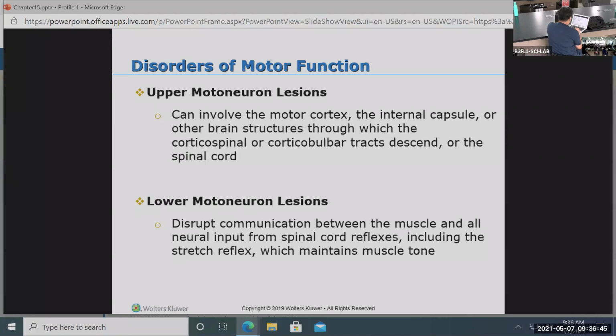This is a bundle of white matter, which we call the internal capsule, and other brain structures through which, please highlight, there are two descending tracts, one we call corticospinal, for both the limbs. My trunk is controlled by corticospinal, head and neck controlled by corticobulbar. Corticobulbar, neck and head. Corticospinal, upper extremity, my trunk, my lower extremity. Corticospinal.